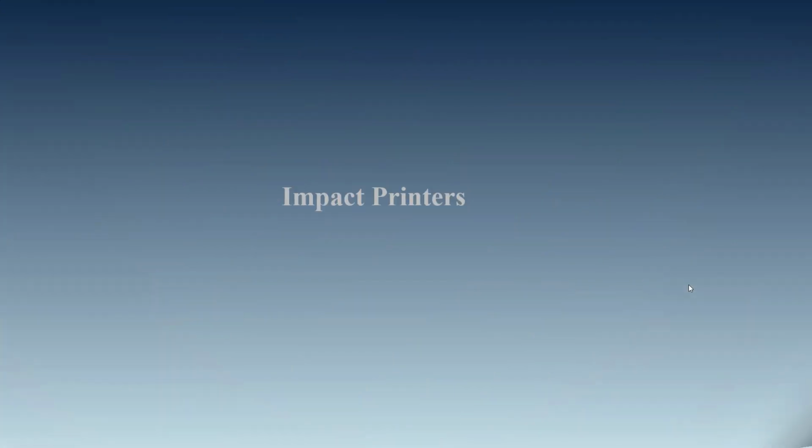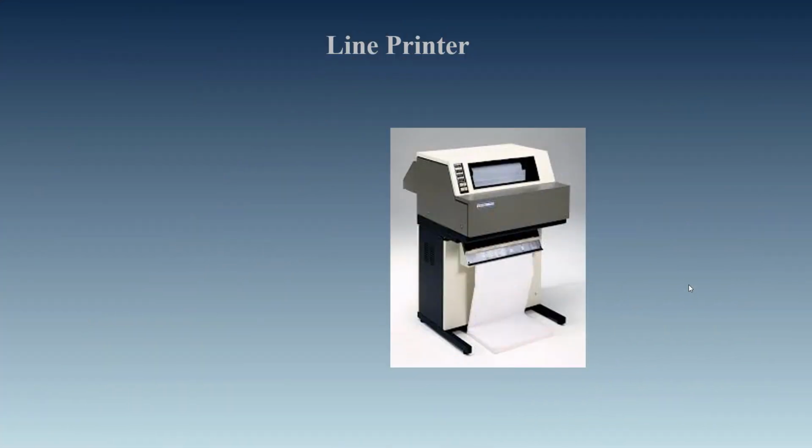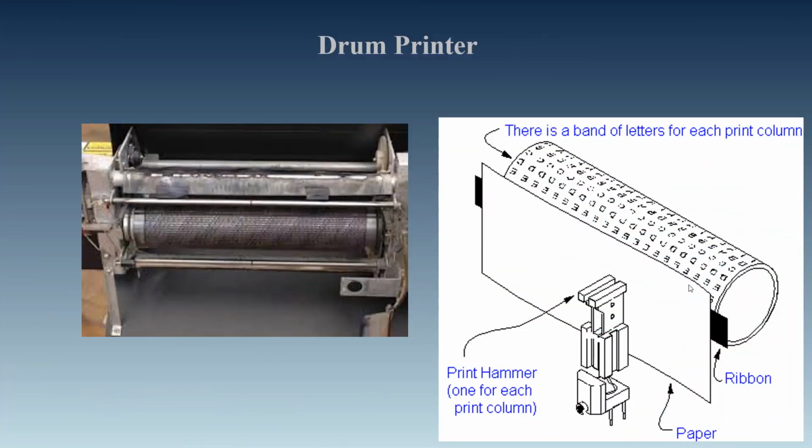In impact printers, this is the line printer, and a single line is printed at a time. And the drum printer: you can see this is the drum, and all the alphabets, all the numbers and punctuation marks are embedded on this drum. This is the print head, and this is the paper, and this black thing is the ribbon, the ink ribbon.